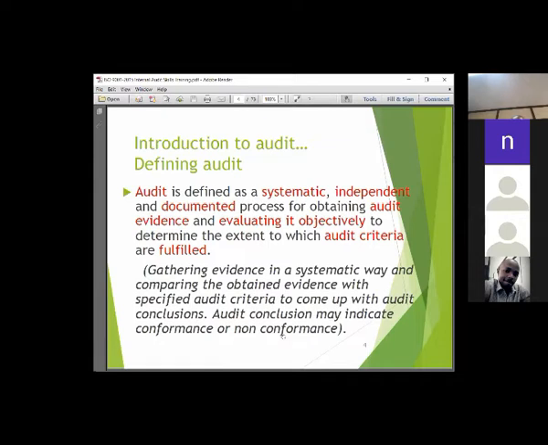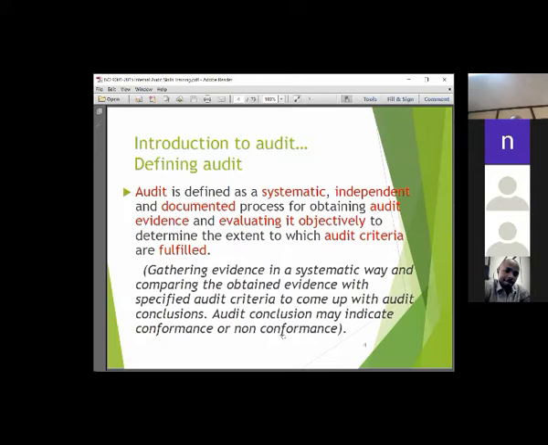You go out there, maybe to an HR process, you look at how it has been documented, there are procedures on how they recruit, procedures on performance evaluation, and you gather evidence.